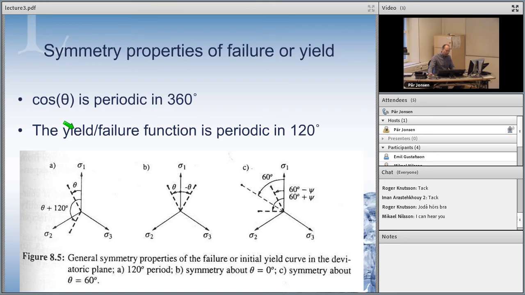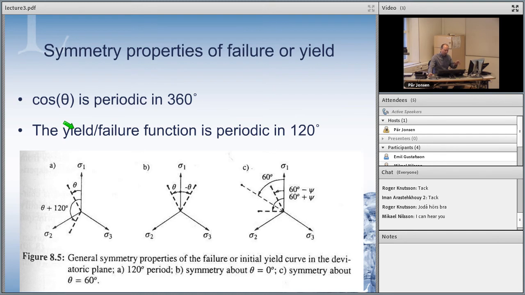But if I move to this position, I will probably have some shearing properties, because if I just rotate, we have slightly lower stress from sigma 1, but I have contributions from sigma 2. So then I will have some kind of shearing.